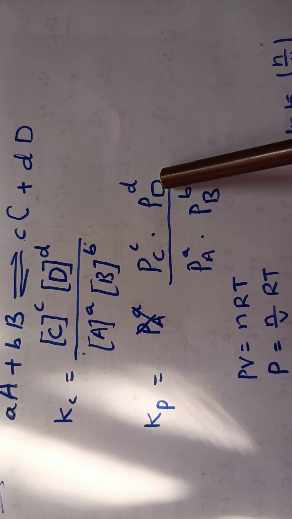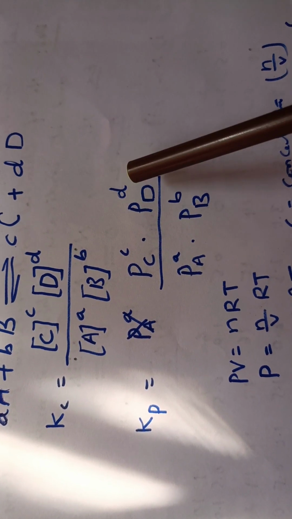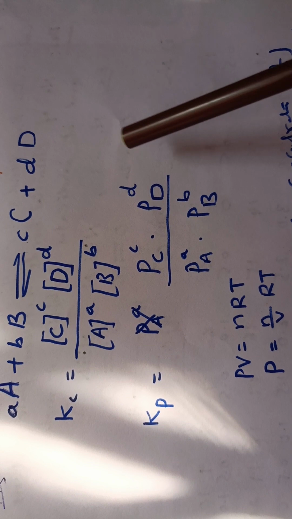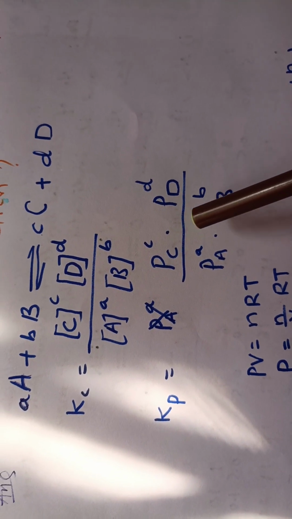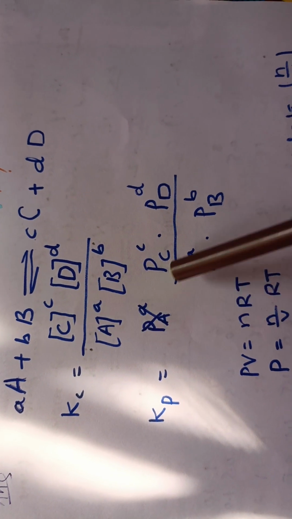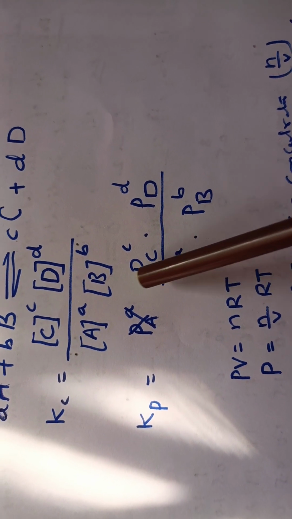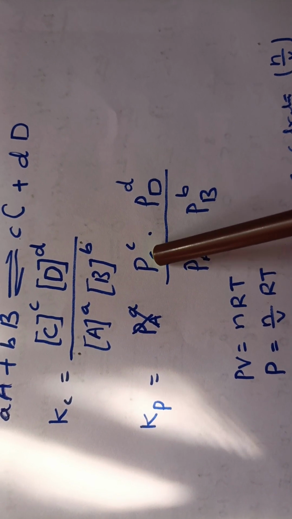This is the pressure of D product, pressure of D with the power small d. You have to write like concentrations only. If it is concentration, you write the name with a square bracket. If it is pressure, you just write P and C here.